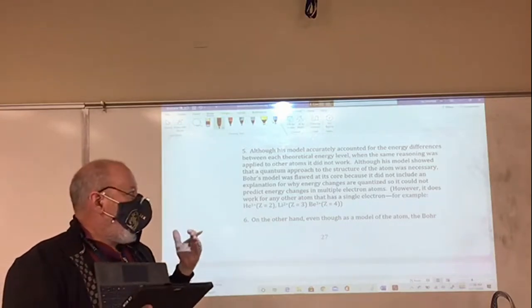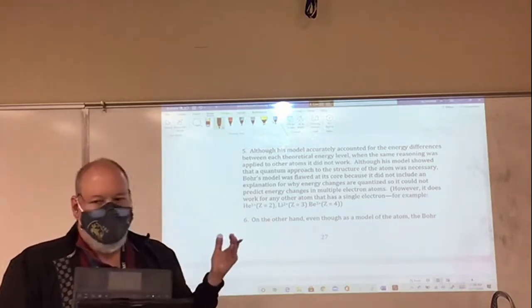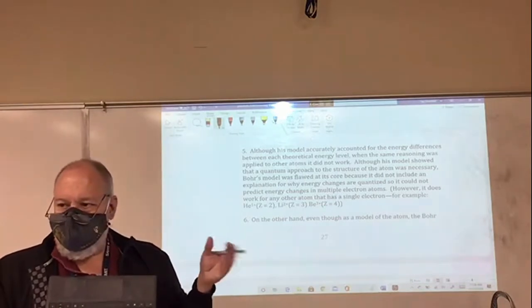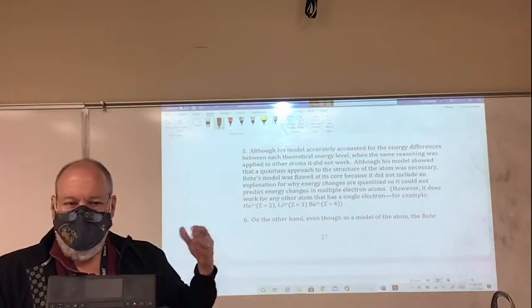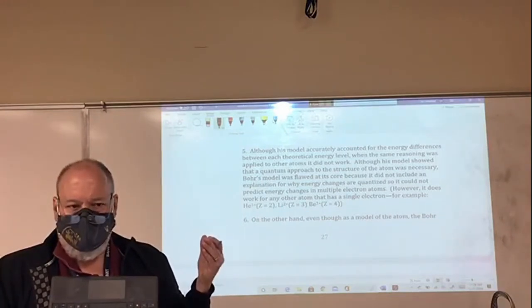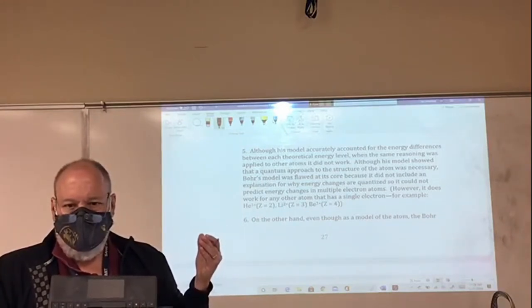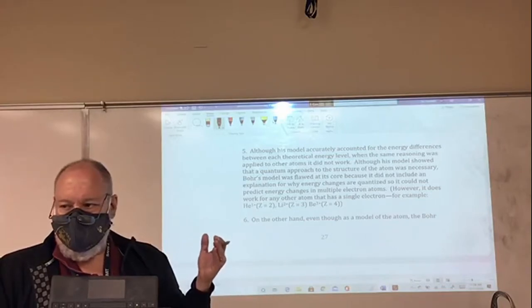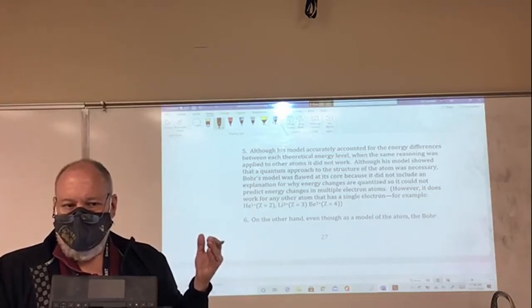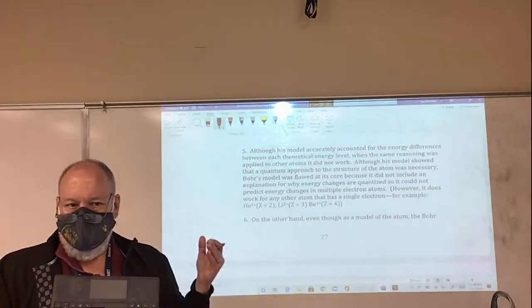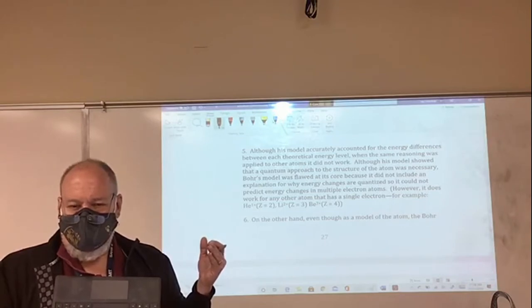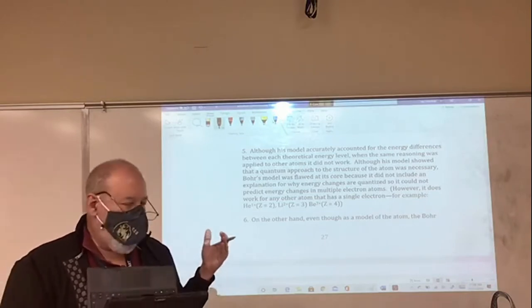And what kind of an effect would one electron have on another, influencing its energy? What's one electron going to do to another electron, since they're both negatively charged? They're both negative. They're going to repel each other.